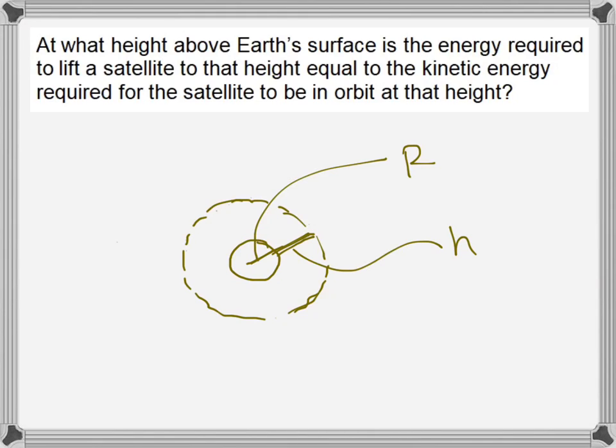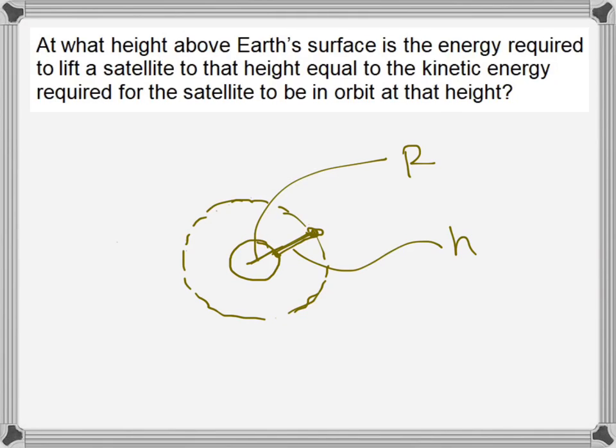Now, in order to lift the satellite from the surface to height h, an energy is required, and the question is: at what value of h will the energy required to lift the satellite up from the Earth's surface to that point be equal to the kinetic energy of the satellite at that point?